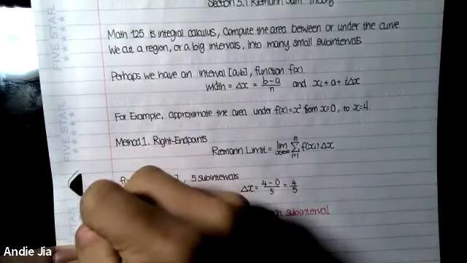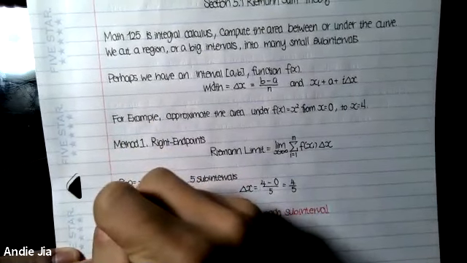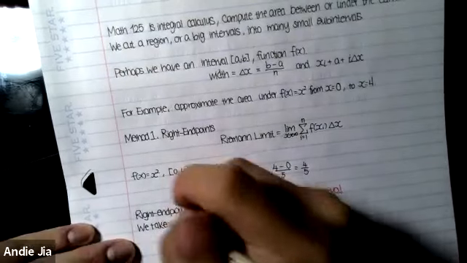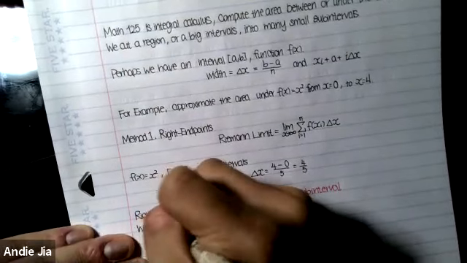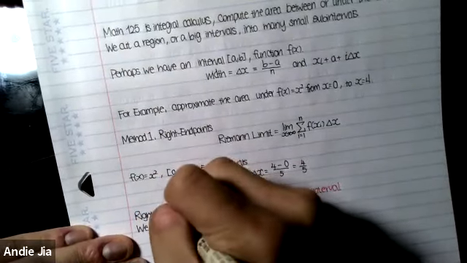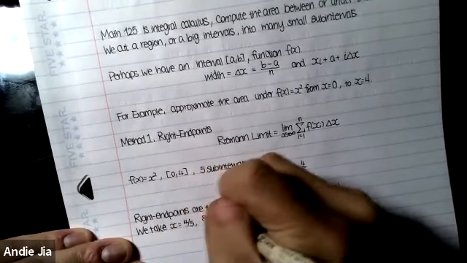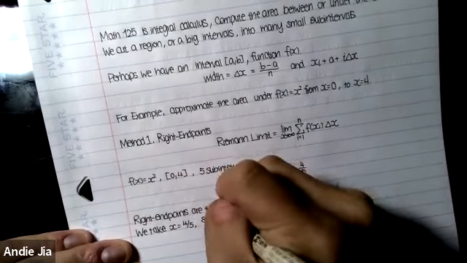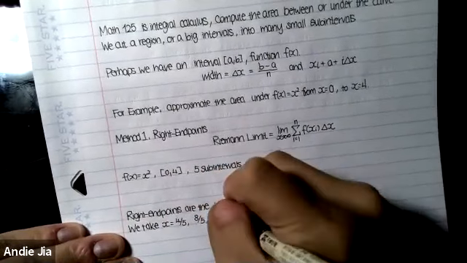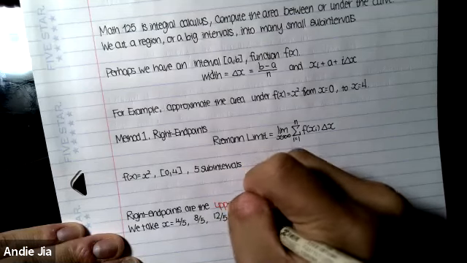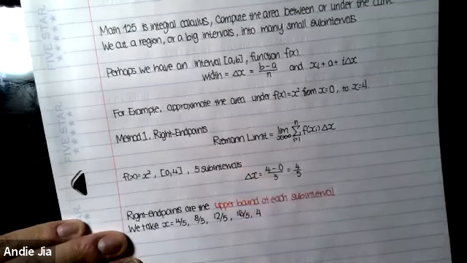So we take x equal to 4 over 5, 8 over 5, 12 over 5, 16 over 5, and 4.